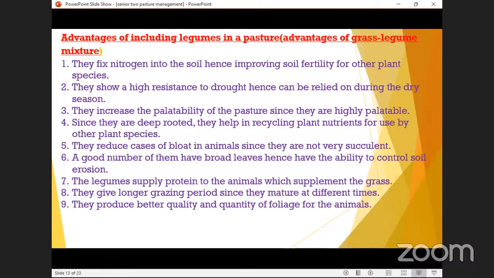But when you mix legumes in, the feed is not very succulent, because there's minimal water found inside the pasture. A good number of them have broad leaves, hence have the ability to control soil erosion.